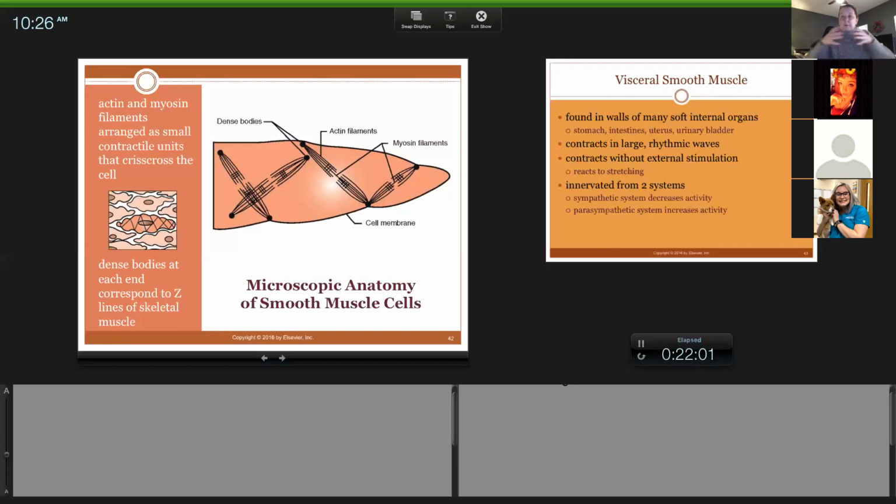Think about the bladder is like a circle. The stomach is like a circle. Intestines are like a circular tube, but all of those organs are typically going to ball up because the actin and myosin are in an X formation. So again, when you look at an empty stomach or a bladder on an x-ray, it's going to look like a little scrunchy ball. And then it starts to fill with urine, or the stomach with food.